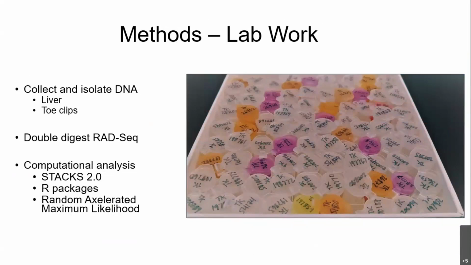Once we got those data back, we subjected them to computational analysis using Stacks 2.0, various R packages for population genomics, and RAxML, a maximum likelihood algorithm to build phylogenies.